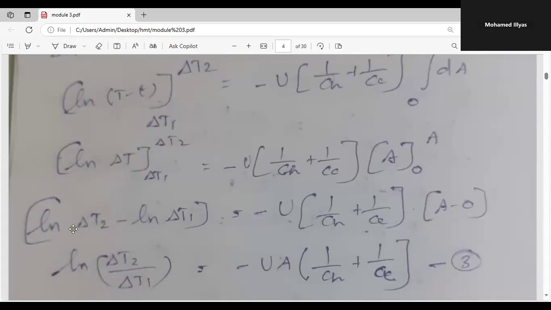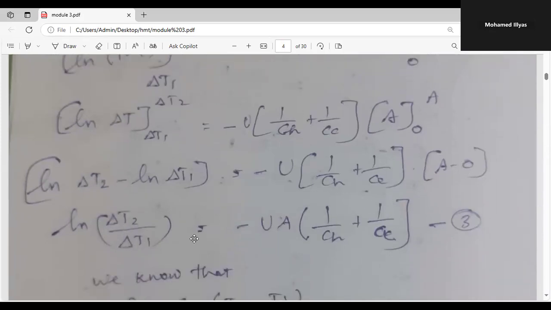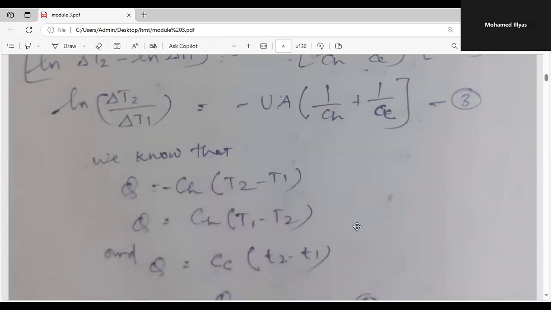So on substituting the limits, we'll get ln of delta T2 minus ln of delta T1. And here the limit can be substituted. This will be A minus 0 here. And the ln of delta T2 minus ln of delta T1 can be written as ln of delta T2 by delta T1. And we can simplify this one as minus UA (1 by ch plus 1 by cc).